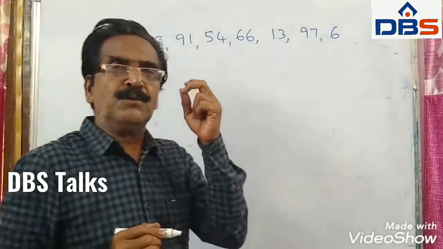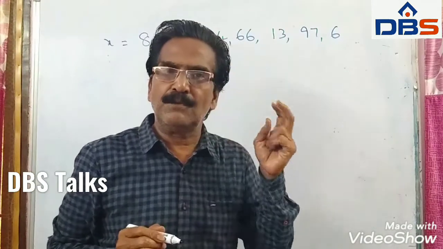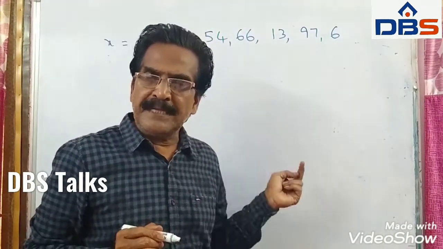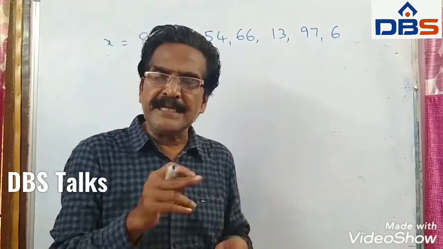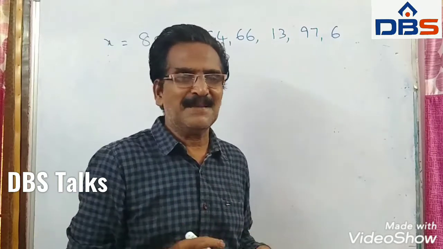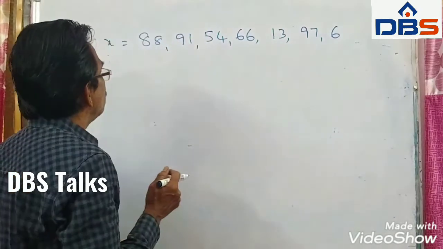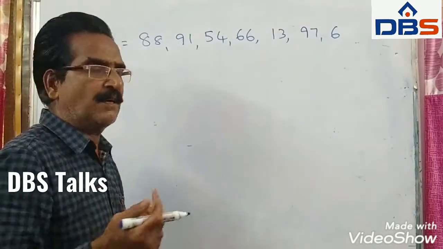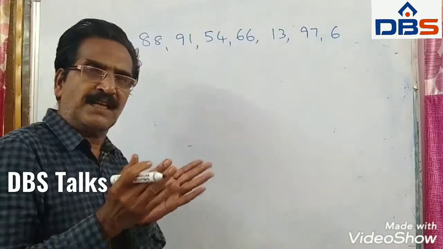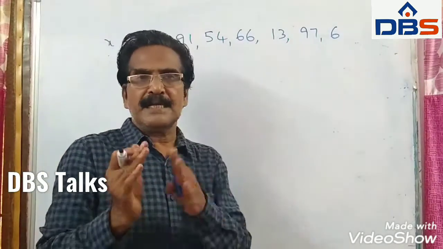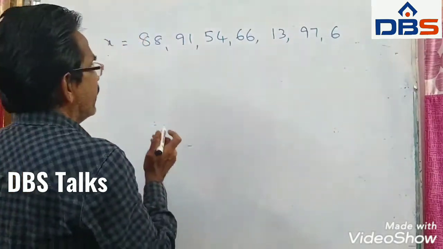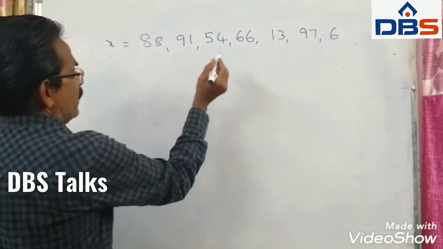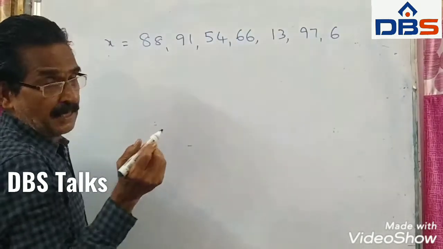And we have to find mean deviation about median. It's a simple thing. Median, you know how to find median. You have to write all the values in ascending order, and the value which lies in the middle is the median. I am writing in ascending order, friends.